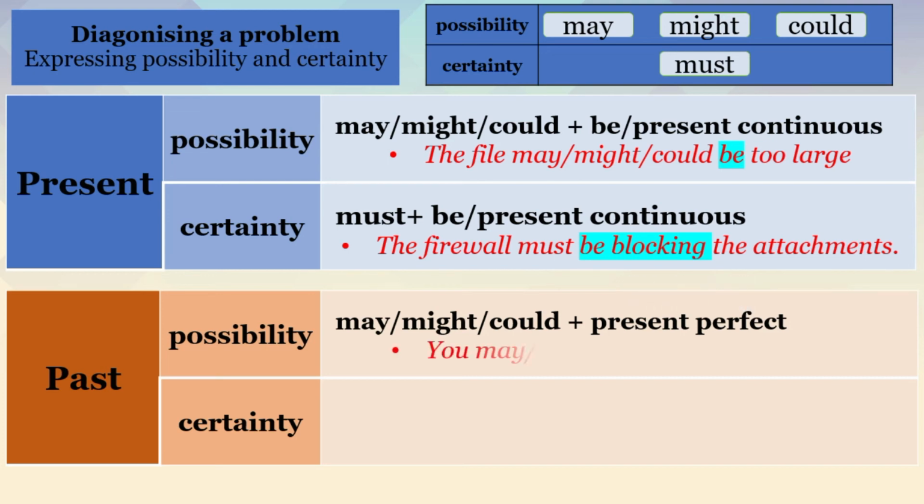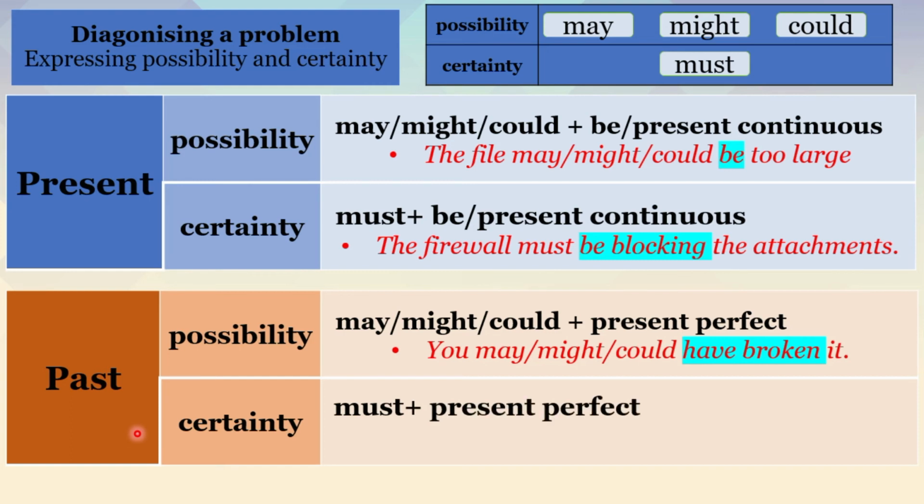For example, you may, might, or could have broken it. And for the past certainty, we use must followed by the present perfect. For example, you must have broken it.